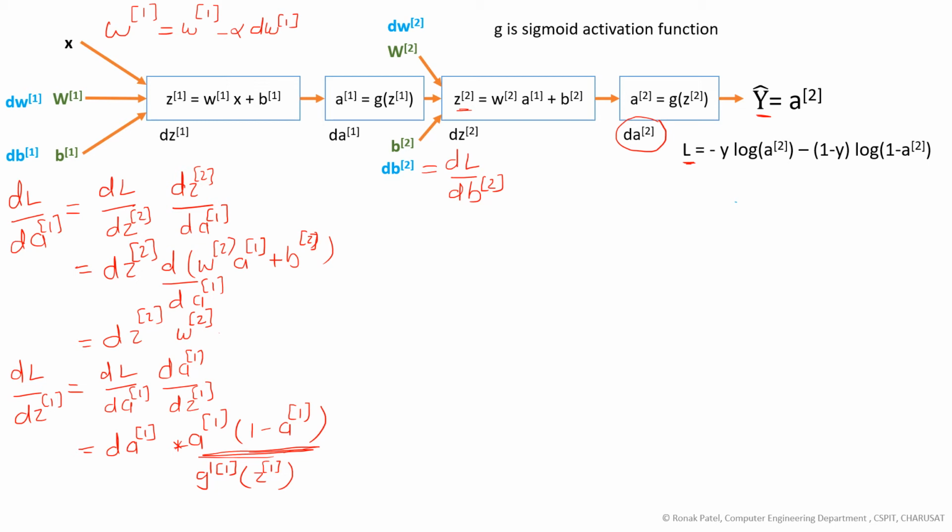So if you see this da1, what is da1? da1 is dz2 into w2, right?